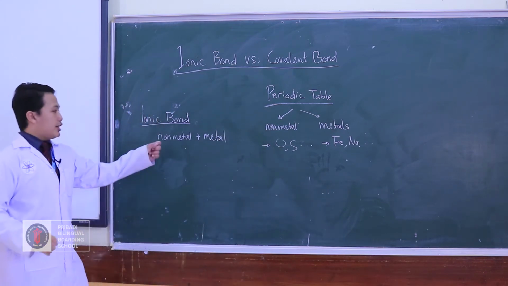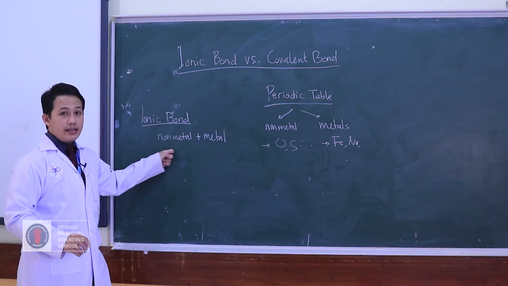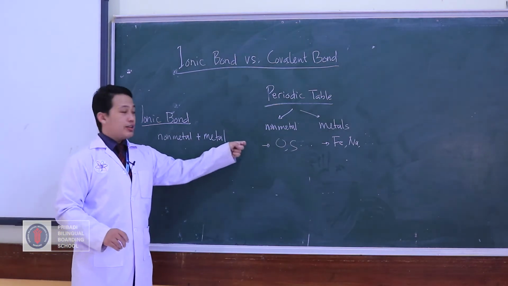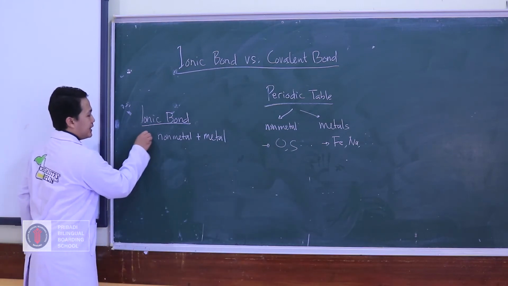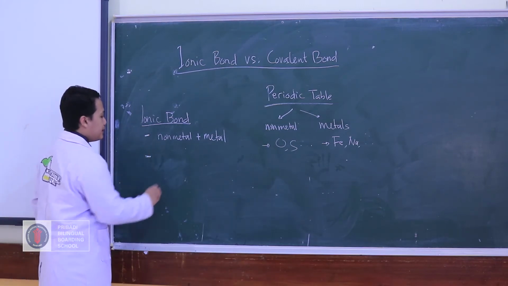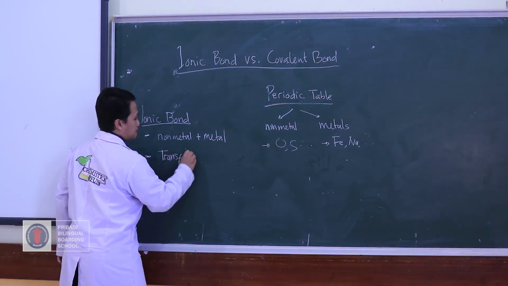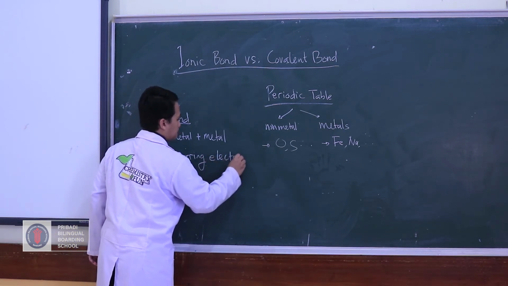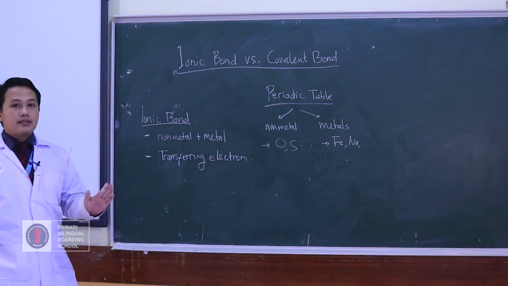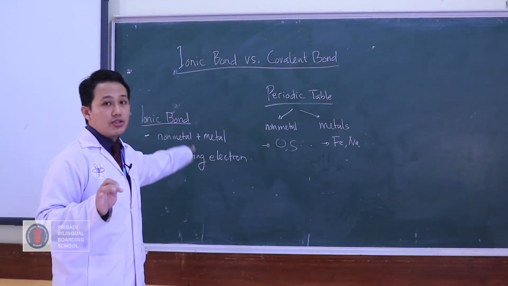So if there is one element that is categorized as non-metal, and it interacts with metal, it means they will form an ionic bond. And in ionic bond, there will be transferring of electrons. Okay, so that is the summary of the ionic bond. At least you need to understand these two things.